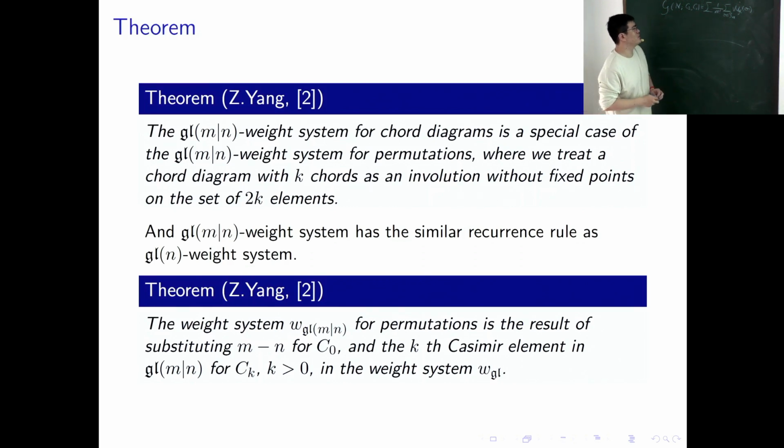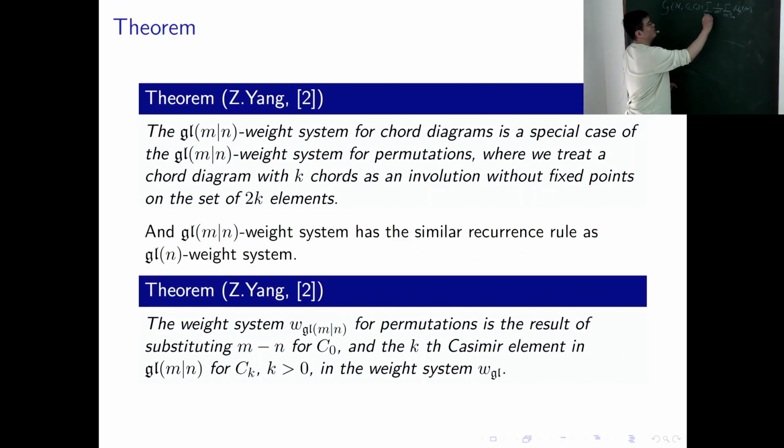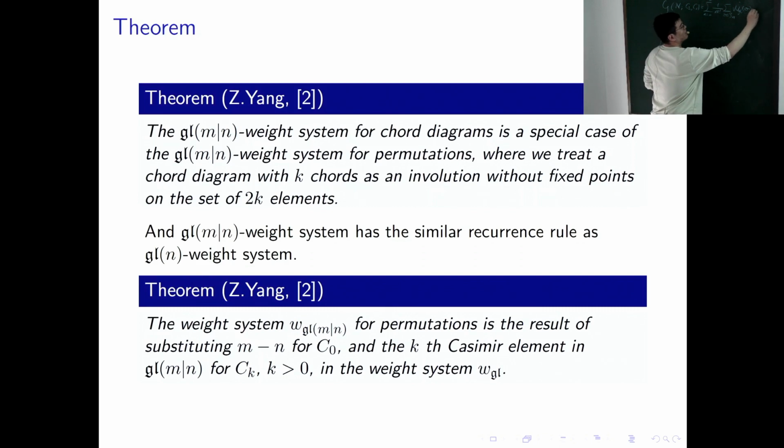Just take the average vector. This is the summation of m from 0 to infinity, this is C of n. The coefficient is a polynomial of n.